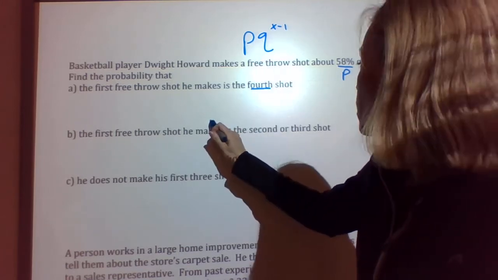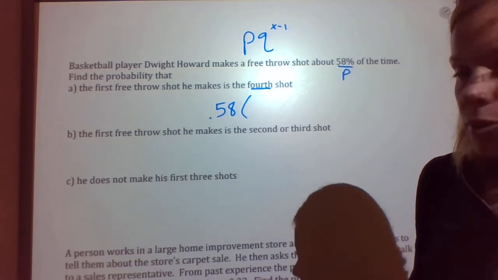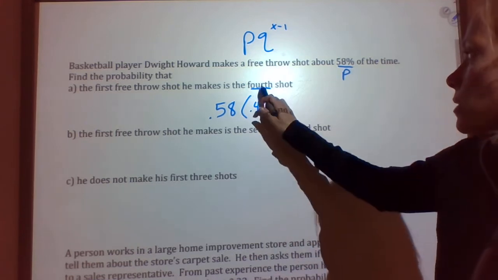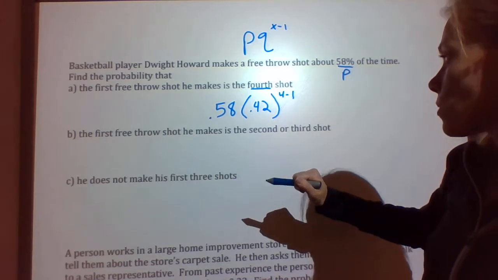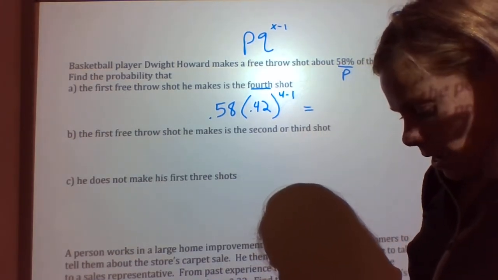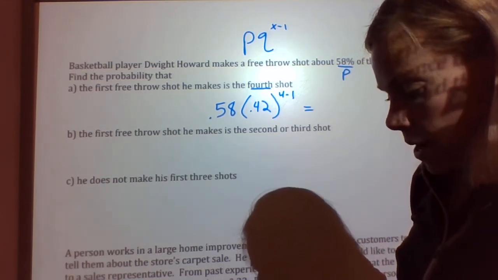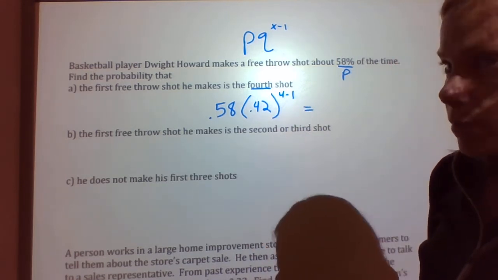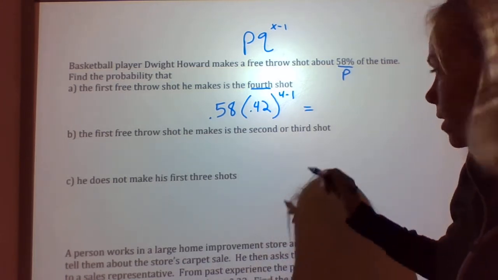Again, I'd have 0.58, and the complement to 0.58 would be 0.42, and I would have it to the 4 minus 1, which is 3. So parentheses 0.58 times parentheses 0.42 to the third power. I'll go ahead and simplify that, it makes it a lot easier, 4 minus 1 is 3. And you should get 0.043.